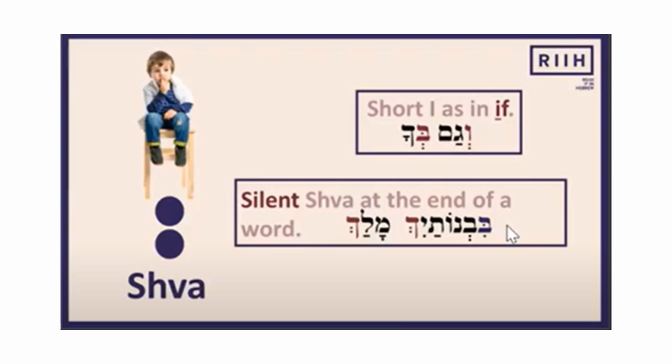And of course, the silent Shavah has no sound, and it's always silent. The Shavah is always silent when it's at the end of the word. It's always vocal when it's at the beginning of the word. Those are the two major rules for the Shavah. Then it gets a little more complicated when the Shavah is somewhere besides the beginning or the end of the word. We'll look at that as we continue on. But you have the vocal Shavah and the silent Shavah.